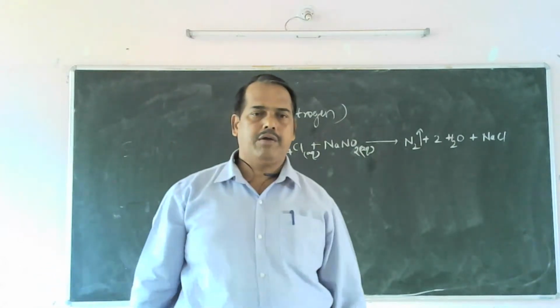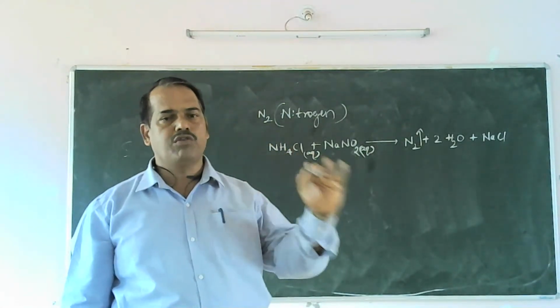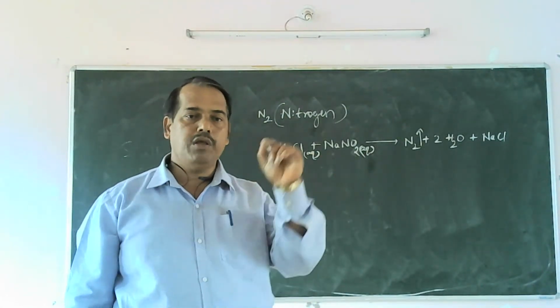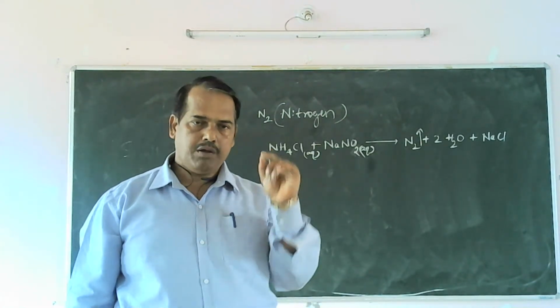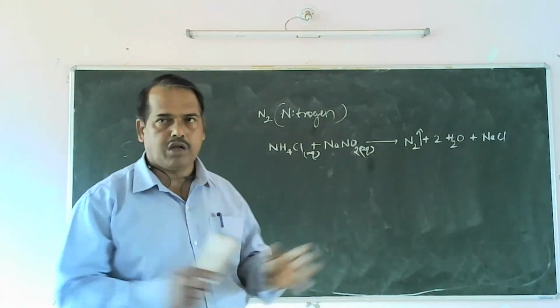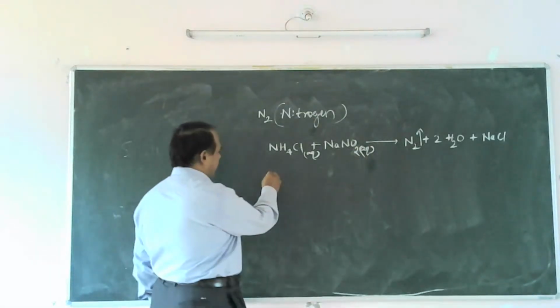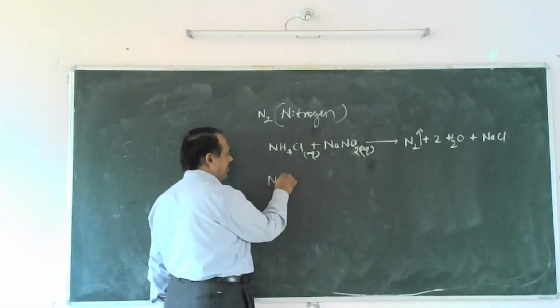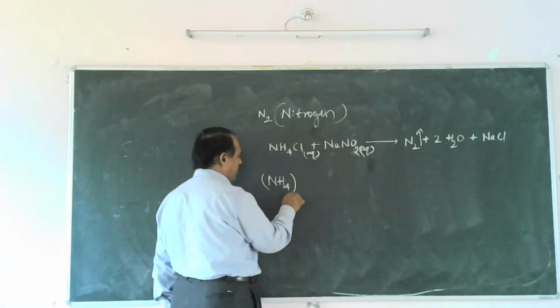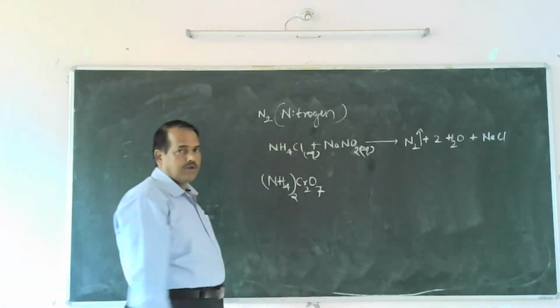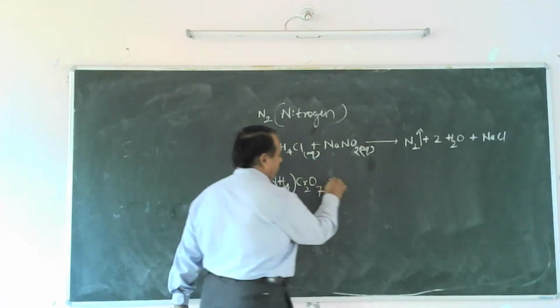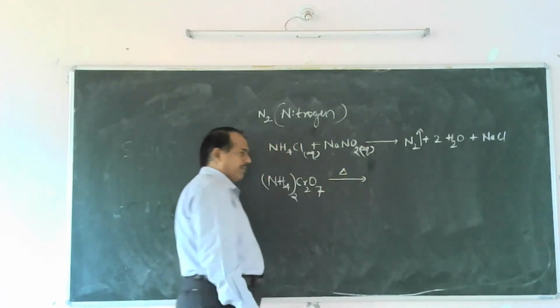It can also be prepared by the thermal decomposition of ammonium dichromate. So what is the formula of ammonium dichromate? (NH4)2Cr2O7. See, ammonium dichromate thermally decomposes at high temperature.